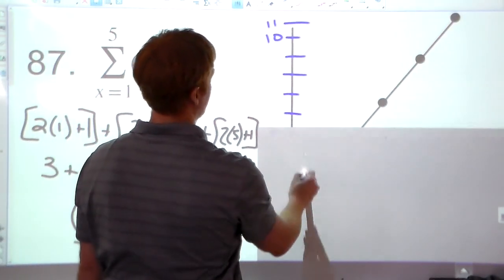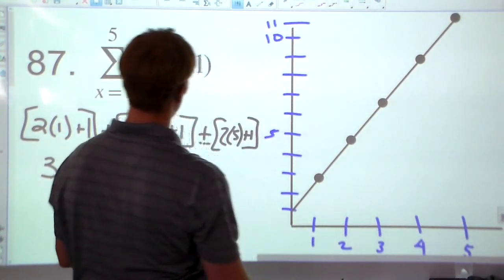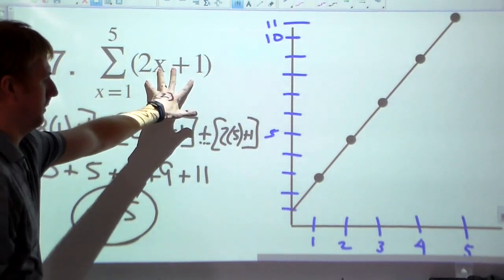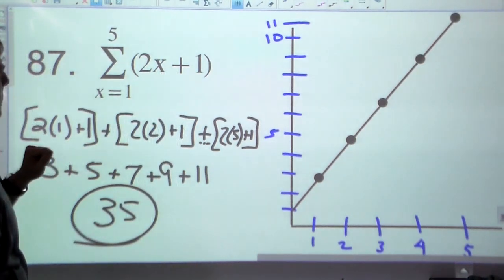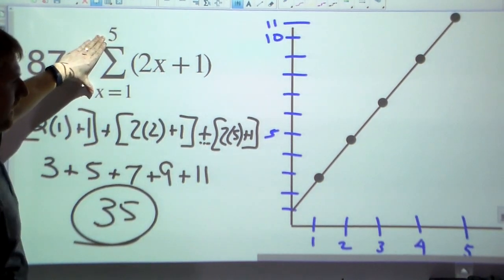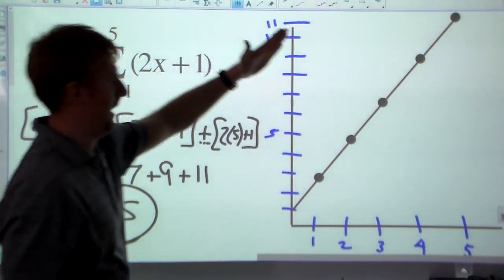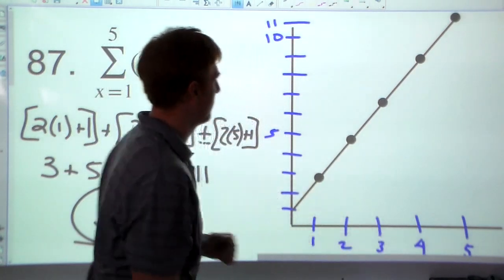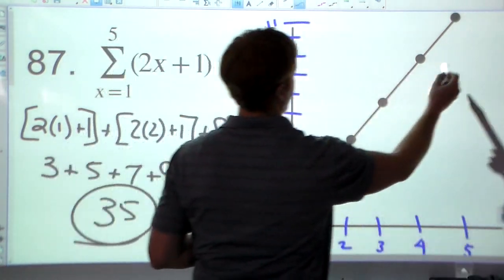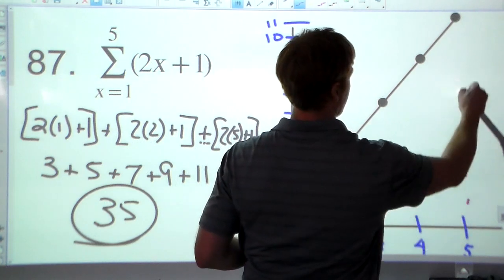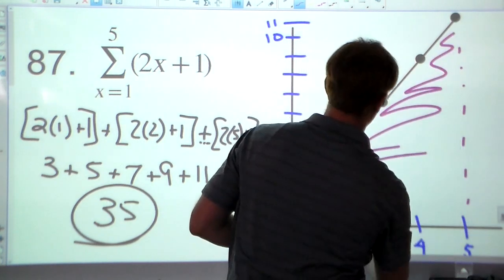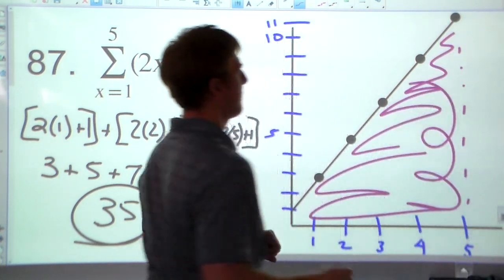Now I'm going to graph this thing. I'm graphing the line, 2x plus 1. This will be the shading I'm going to do. So between that line and the positive x-axis, we'll do a little bit of shading in here. And stop at 5, so there we go, shaded area.